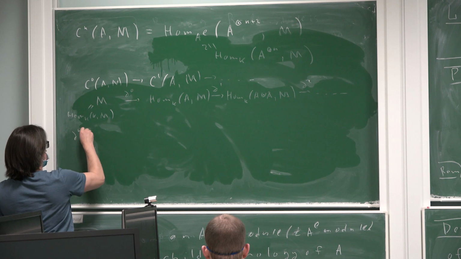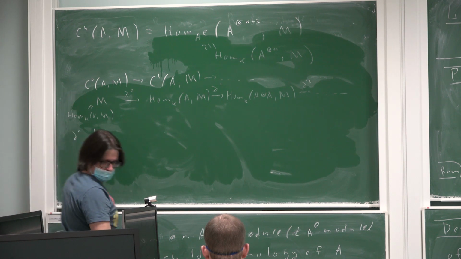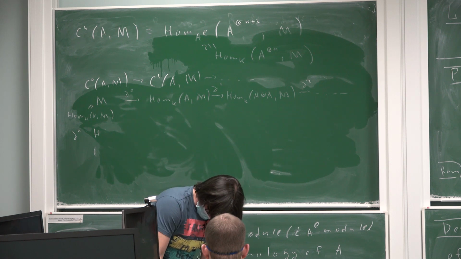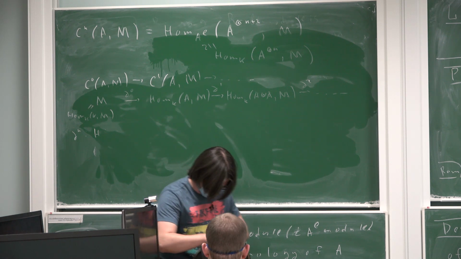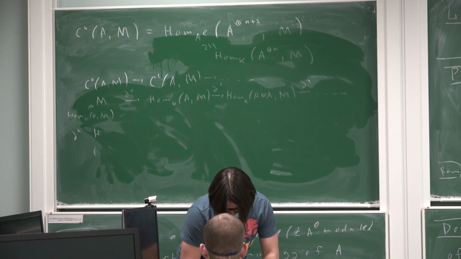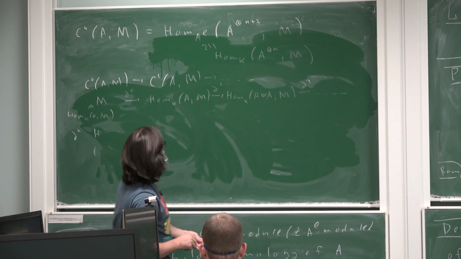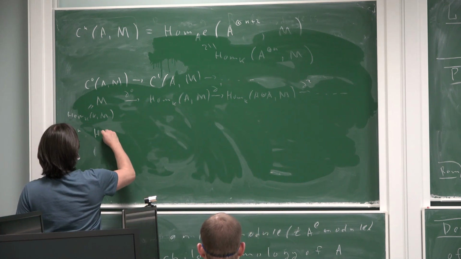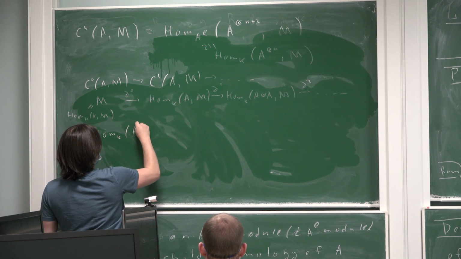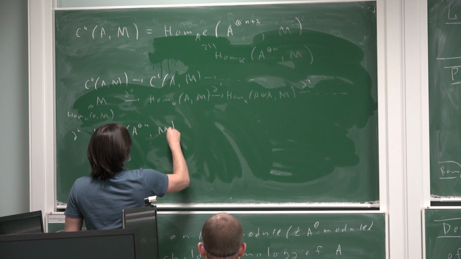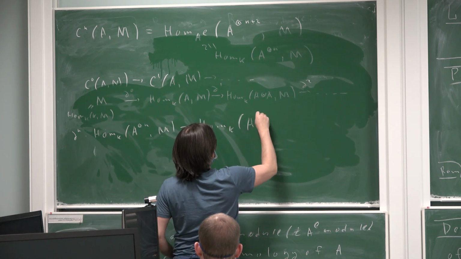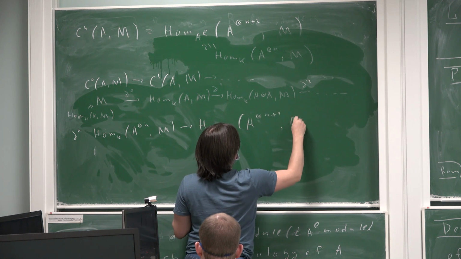So delta n is from Hom over K from A tensor n to M to Hom over K from A tensor (n plus 1) to M.